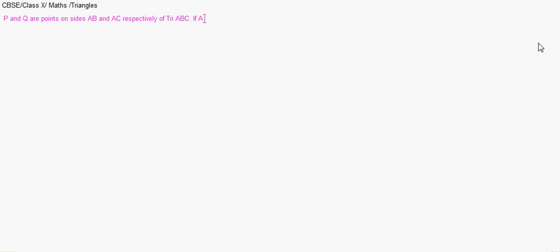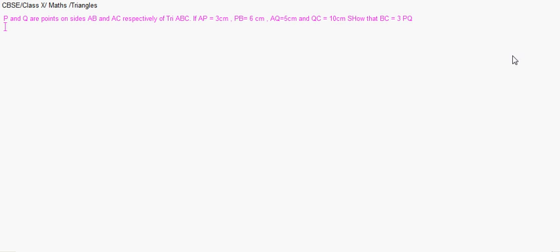If AP is given to be 3 centimeters, PB is given to be 6 centimeters, AQ is 5 centimeters, and QC is 10 centimeters, we have to show that BC is equal to 3PQ.